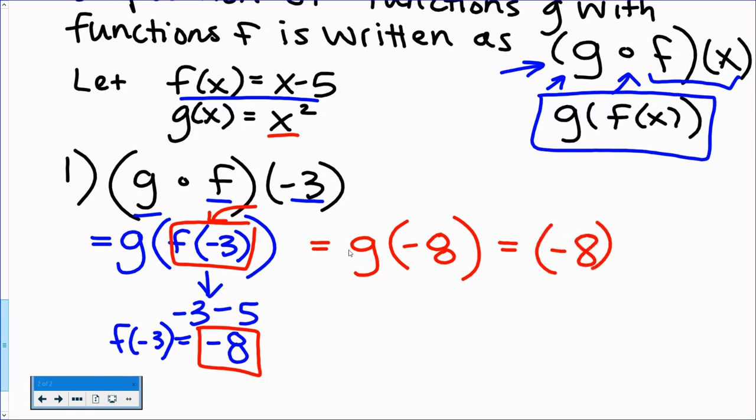So whenever I plug something in, what do I do to it? I square it. So I'm going to square -8, so I get a positive 64. So composition will be taking, you plug a function into another function. Okay, that's our composition. We'll do one more example like that.